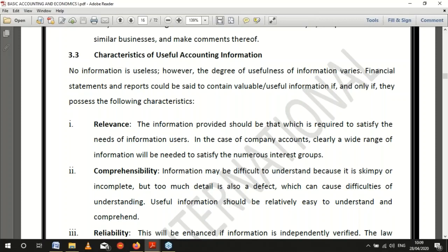It's also referred to as the convention of conservatism, or conservative concept, to make sure that all losses are recorded in the books.